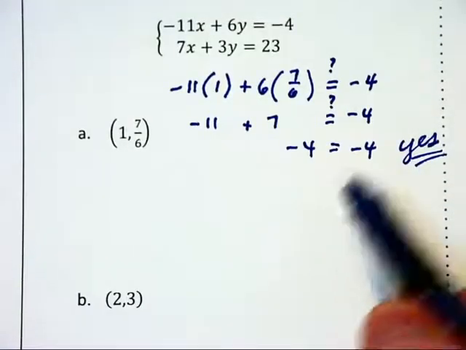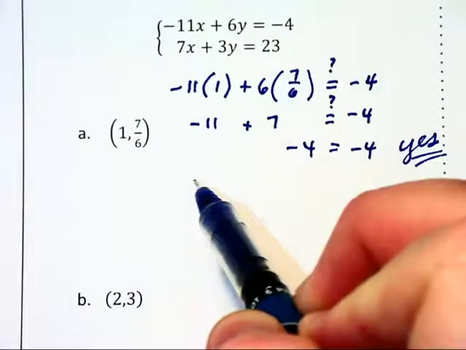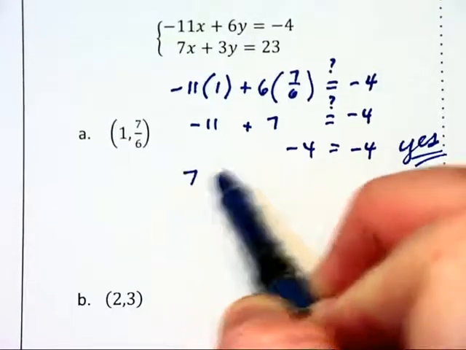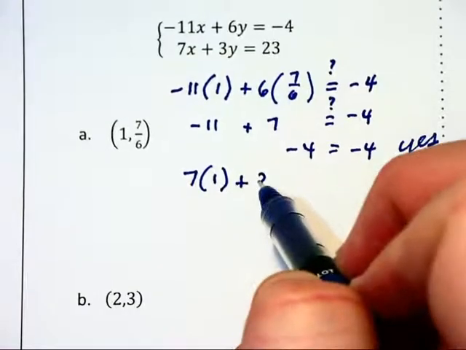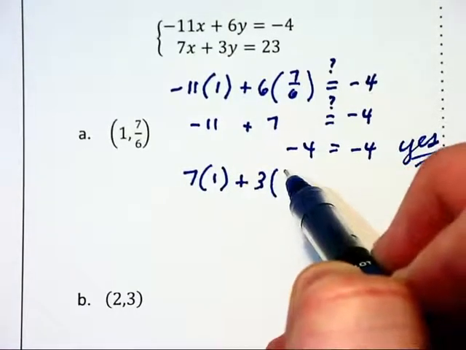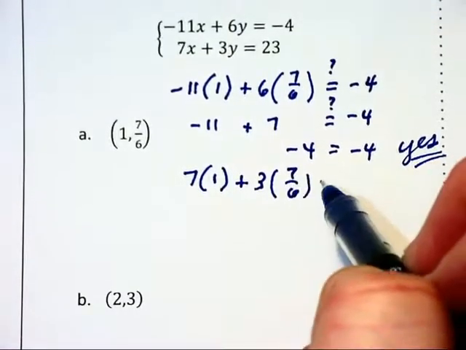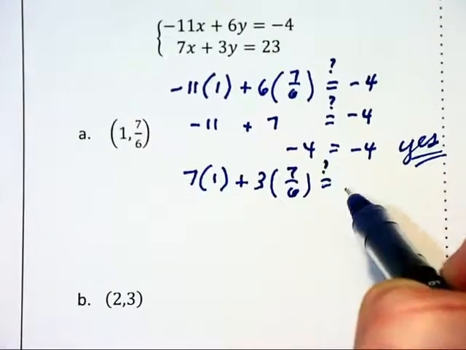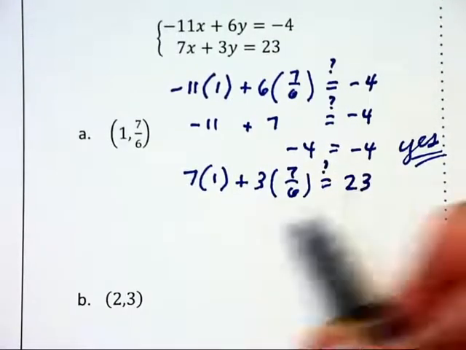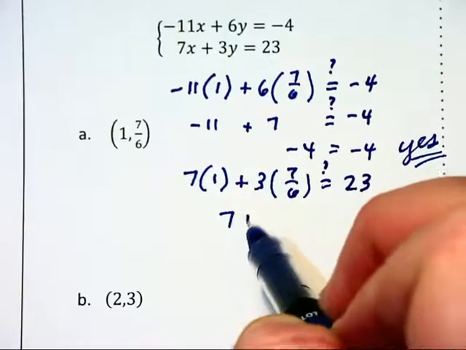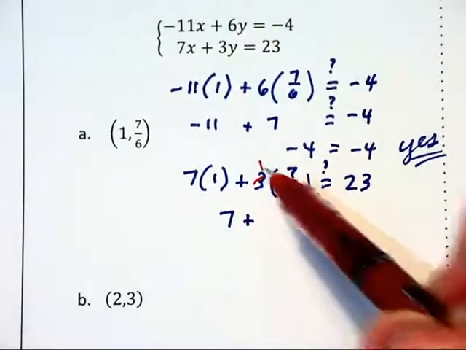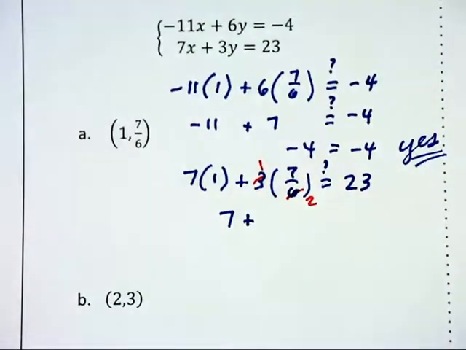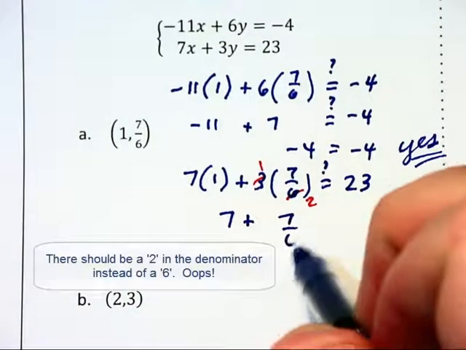However, we also need to check whether 1, 7/6 works in the second equation. Substituting this in, we have 7 times 1 plus 3 times 7/6, and we want to know, is that equal to 23? We get 7 plus, now the 6 and the 3 are going to cancel, and we're going to get plus 7/6.